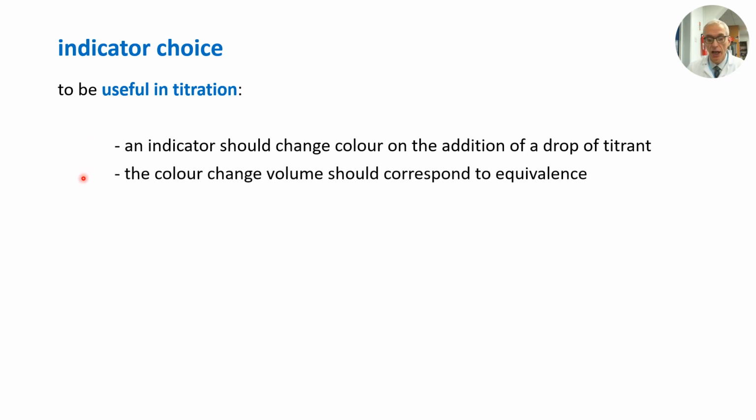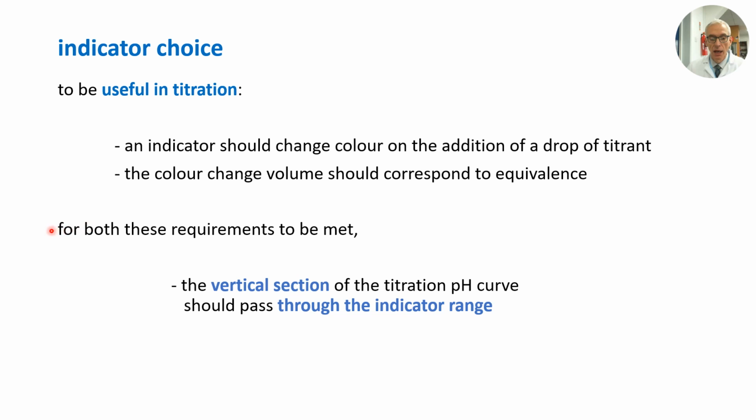And the color change volume, the volume at which the indicator changes color, should correspond to equivalence. For these two requirements of usefulness to be met, the vertical section of the titration pH curve should pass through the indicator range.